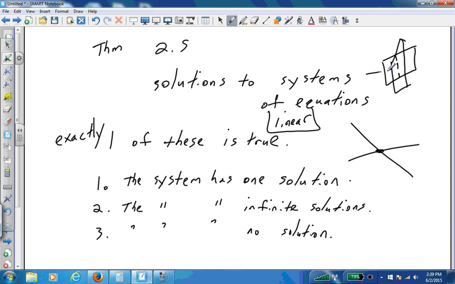But if we intersect that with another plane, then all of those intersect at one point. So we're not going to have a possibility of having two solutions, three solutions, four solutions. We either have one, none, or infinite.